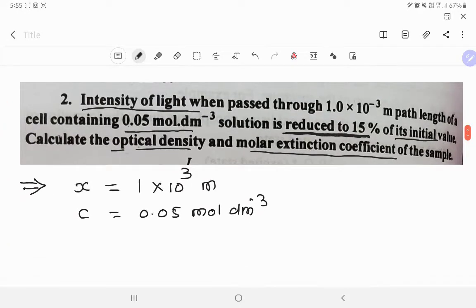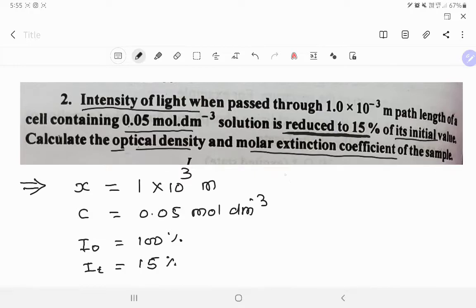When it is given in percentage intensity, you have to take I0 as 100 and I as a transmitted light. You can write IT also. Transmitted light is 15%. These are the given quantities.